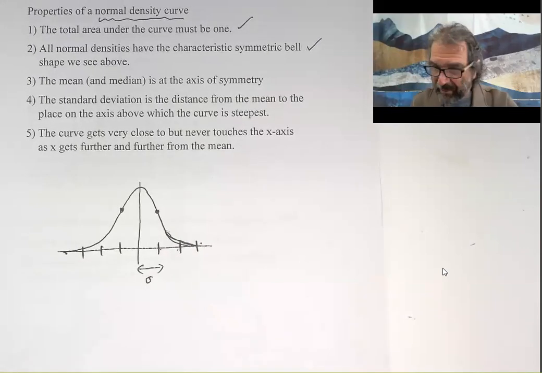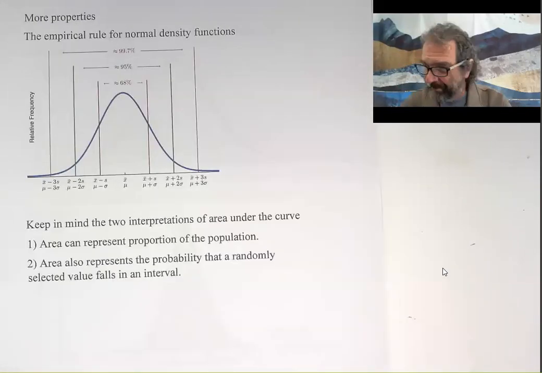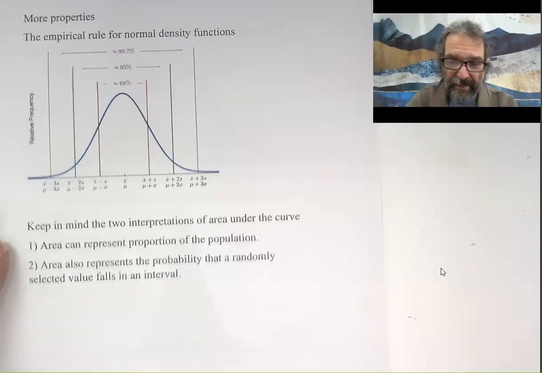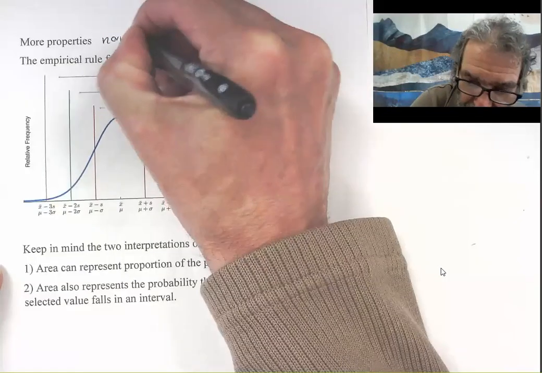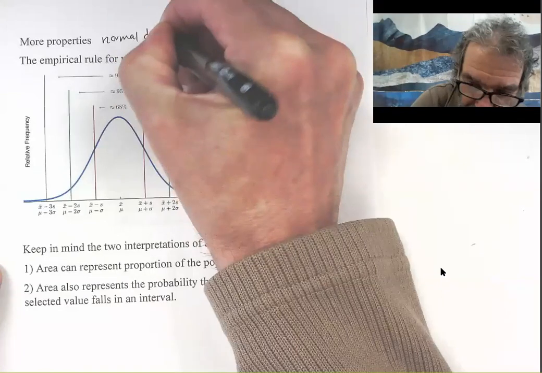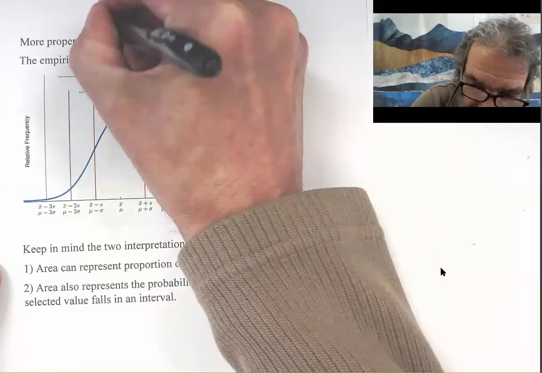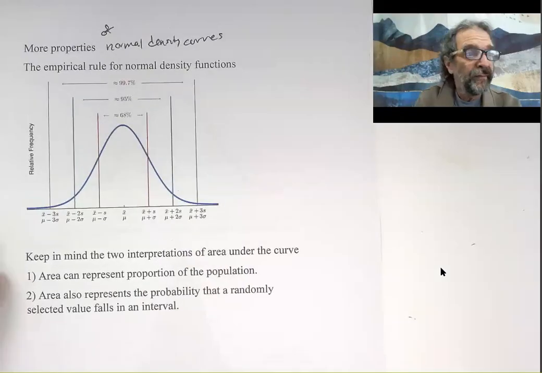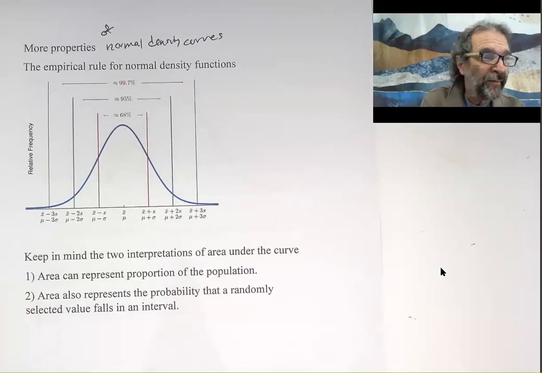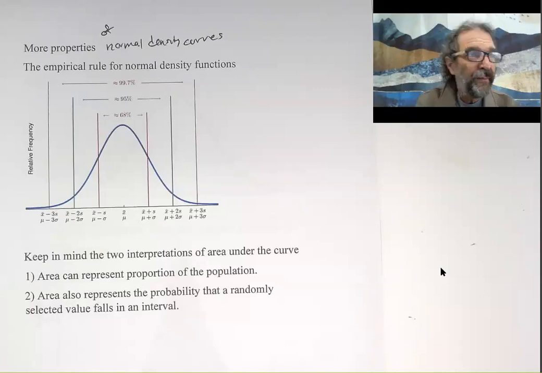All right, so more properties here. So this is more properties of normal density curves. We said bell-shaped curves or bell-shaped distributions obeyed the empirical rule.